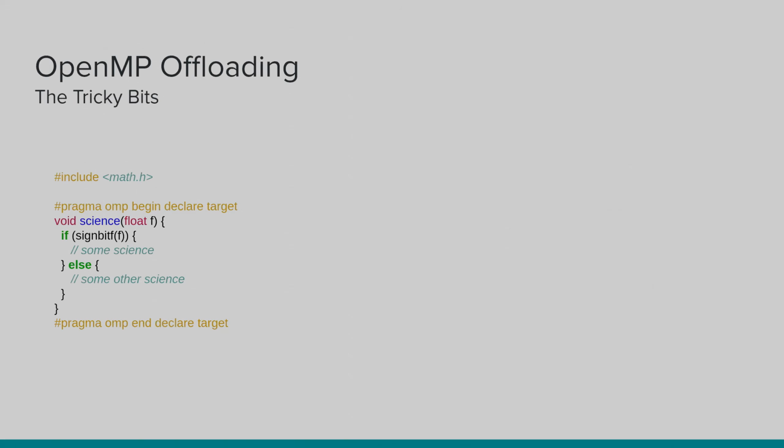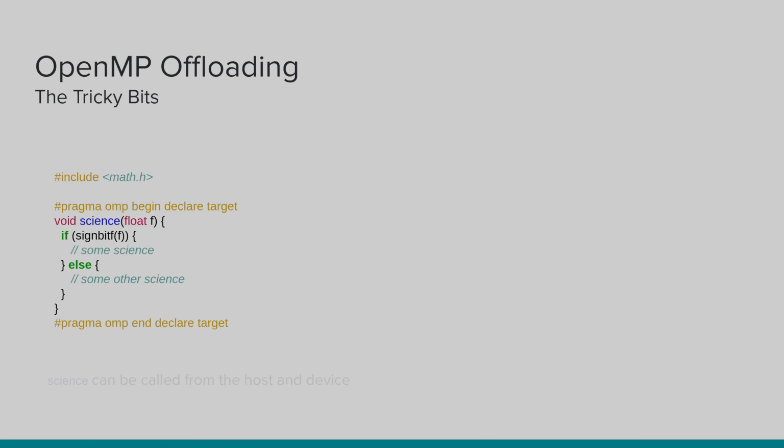OpenMP offloading has quite a few tricky bits, and I'm going to talk about two or three of them now. One of them is sketched here. It's the use of math functions, but it's not only math. It could be any system header or any library at the end of the day. So if you have this function called science here that is inside of a begin declare target, it uses a math function, signbitf, to determine what the sign of the float f is.